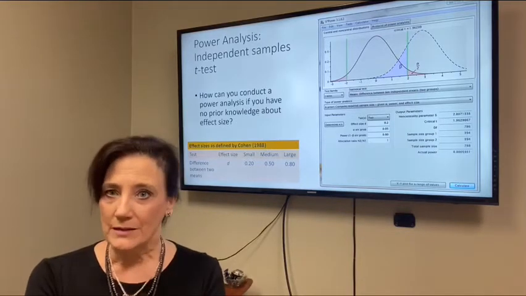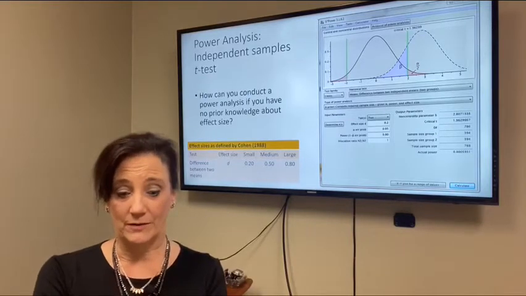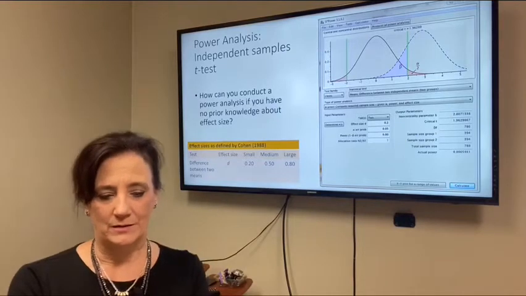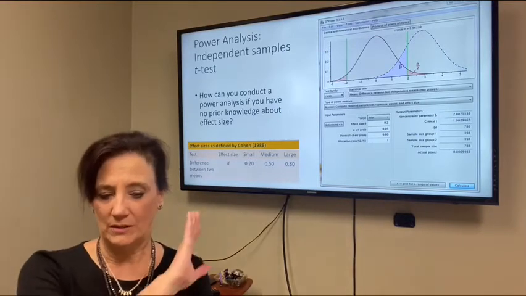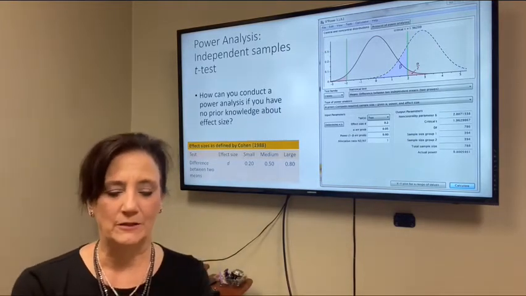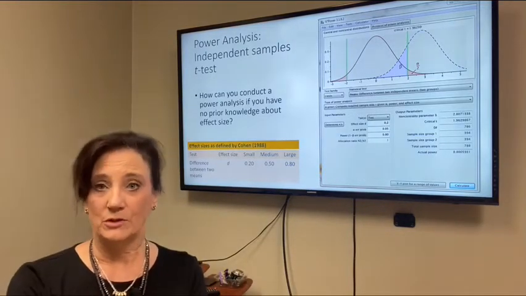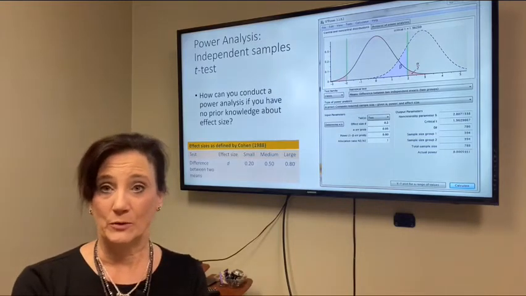Okay, but all that to say, the effect size drives how many people you need in your study, right? So if you look at the G-power output that we have here, notice that the effect size that we used for this particular calculation was 0.2.